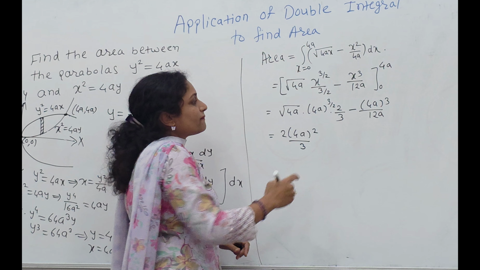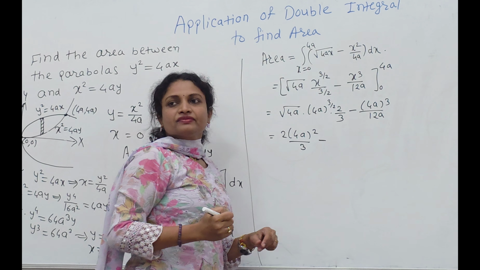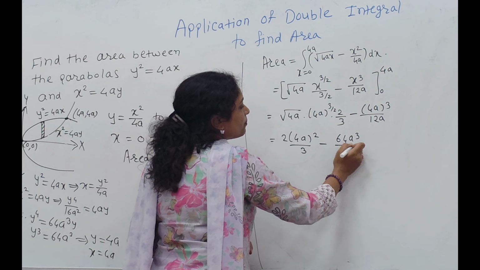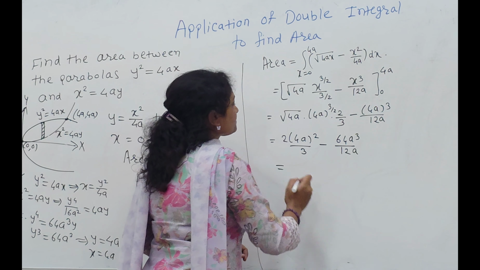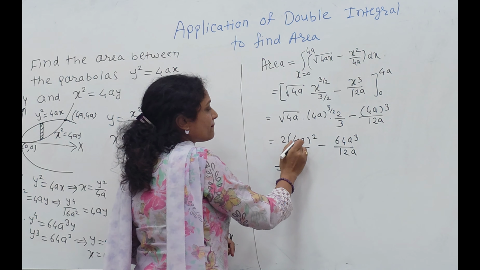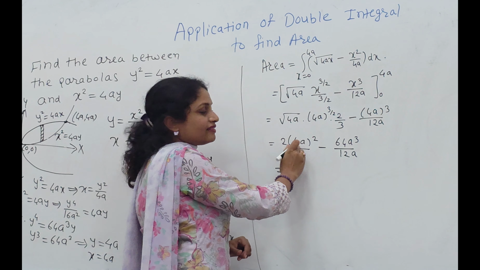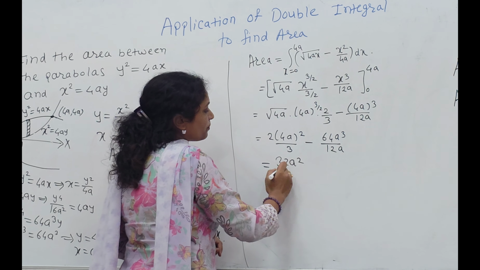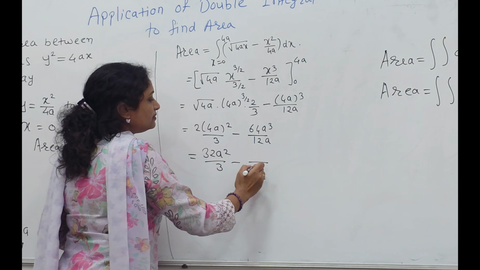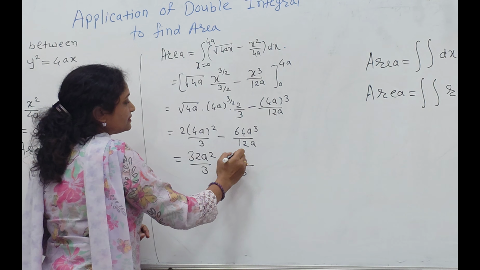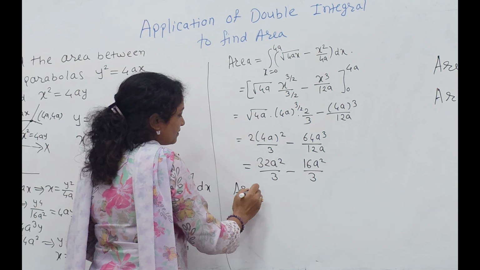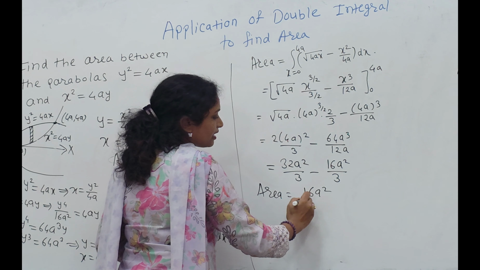And here, if you simplify this, what will you get? 64a³ upon 12a, which is 16a²/3, where a gets cancelled. So ultimately what will be the result? Area will be equal to 16a²/3.